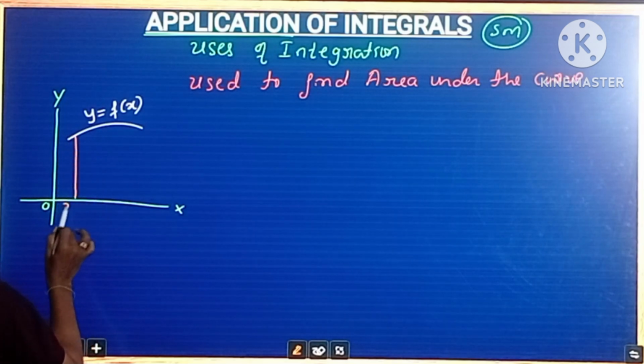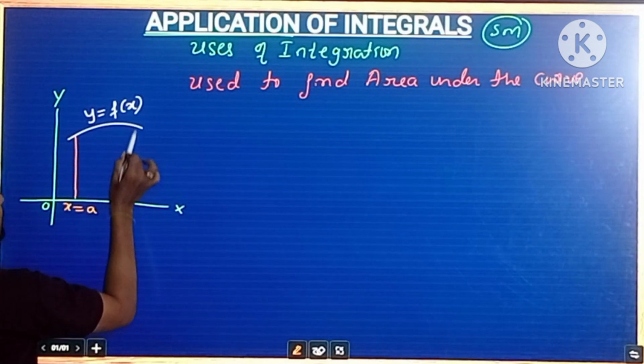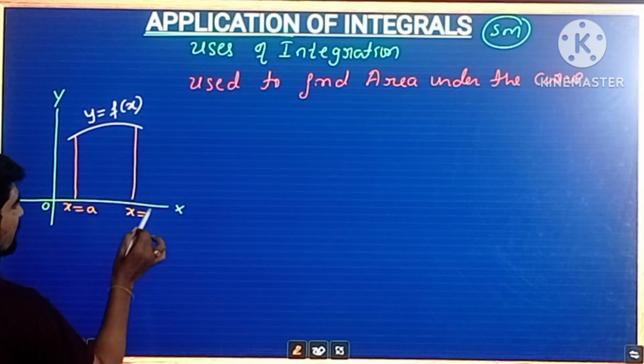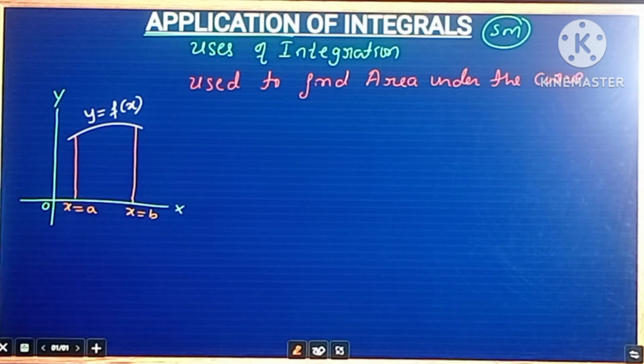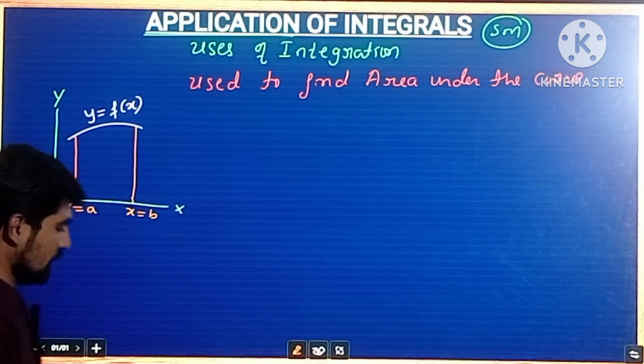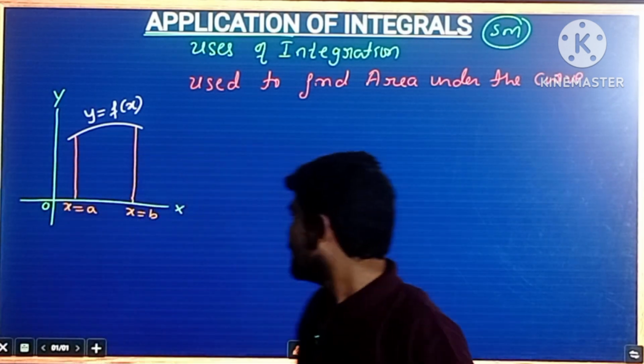Here we have to find area under the curve y equal to f(x) above the x-axis from the line x equals a to x equals b.